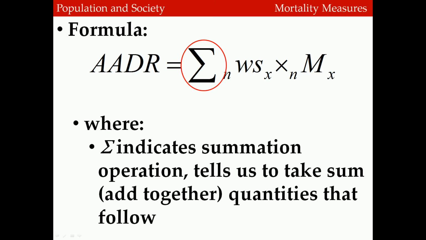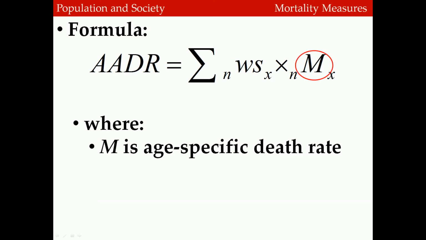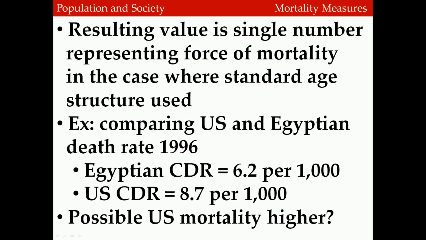Those quantities are WS, the standard weight representing the age group of some standard population, multiplied by the age-specific death rates. When we calculate this measure, the result is just a single number that represents the force of mortality in the case that a standard age structure is used.